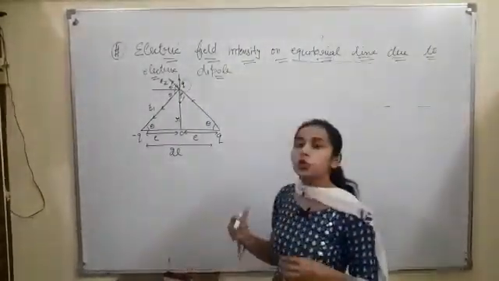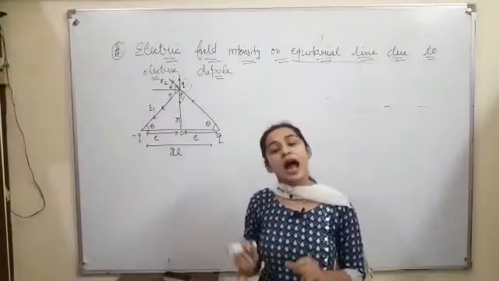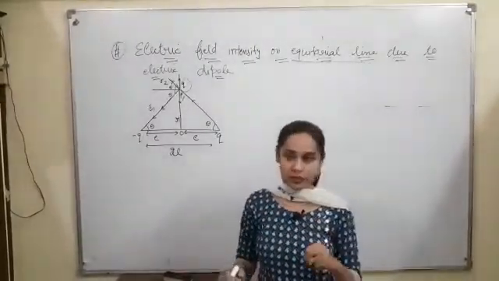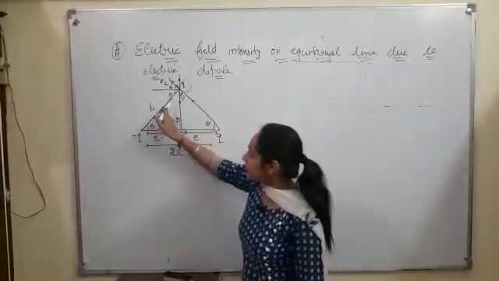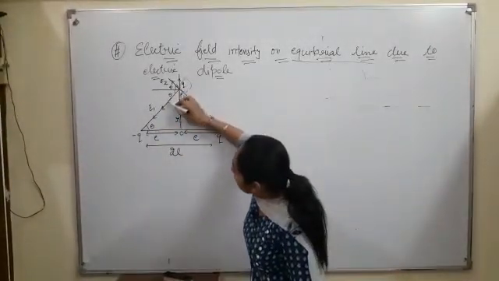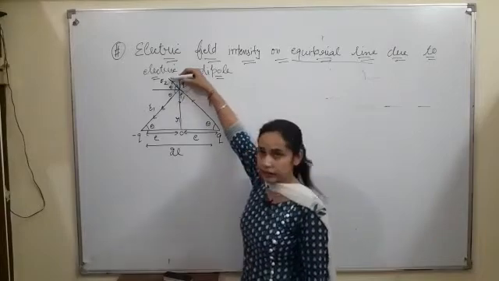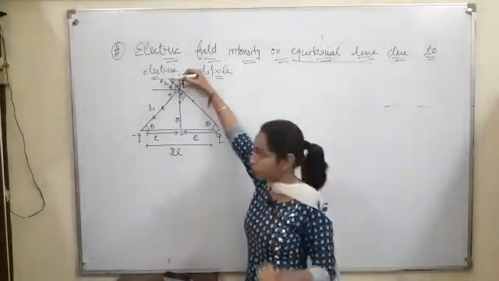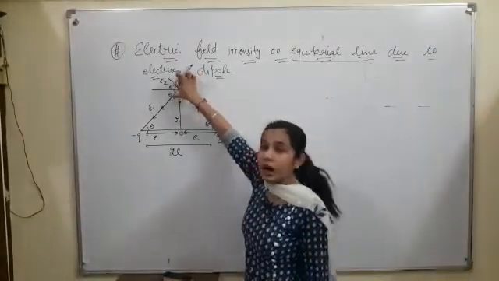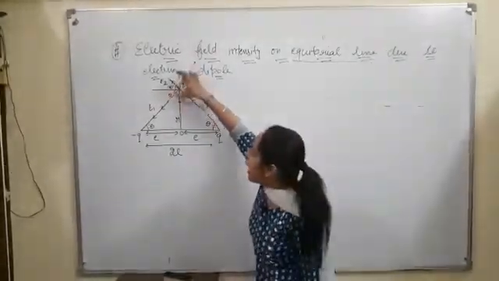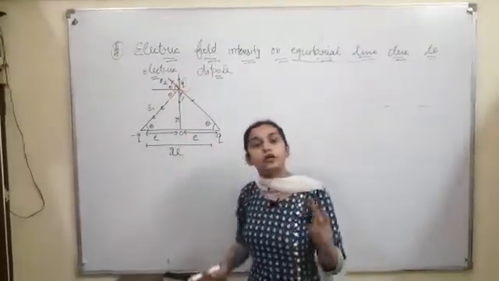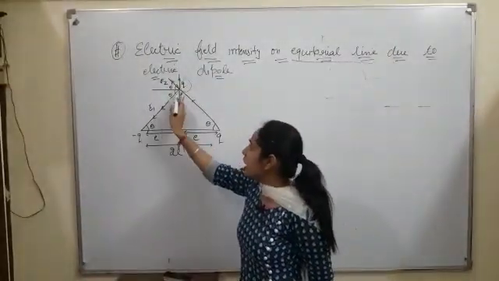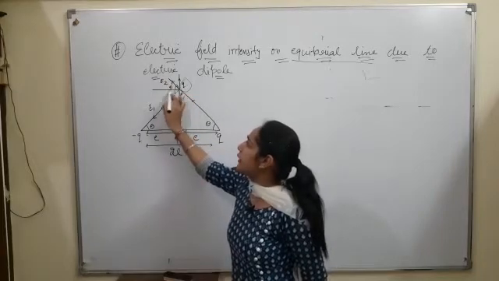Now to find the total net electric field, I have to resolve the given electric fields into two components. See beta, E1 is going in that direction, E2 is going in that direction, but my main motive is to find the total net electric field. So I will resolve these into components, and the resultant of E1 and E2 will be in that direction.